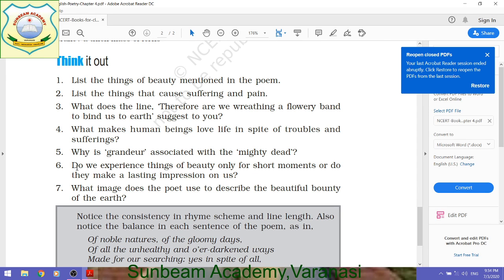So definitely it has a lasting impression on us, as the poet makes quite clear in the very first line of the poem when he says that a thing of beauty is a joy forever. It is a constant source of joy, and its beauty always increases.